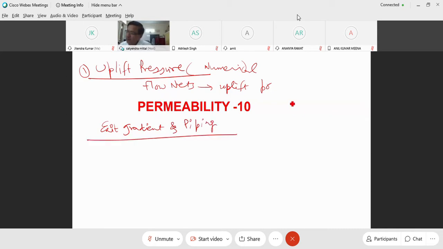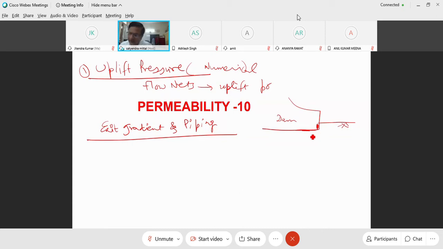About this exit gradient, I showed in the previous class. Let us say this is the bottom of the dam. This is some dam, the downstream side only, and this is the bottom. This is the ground level, so this is the foundation.